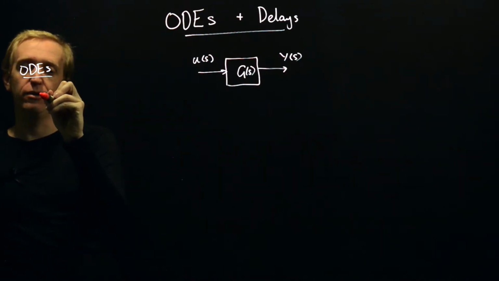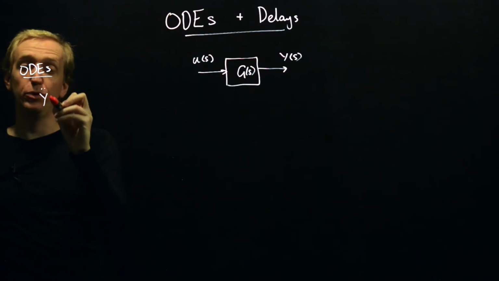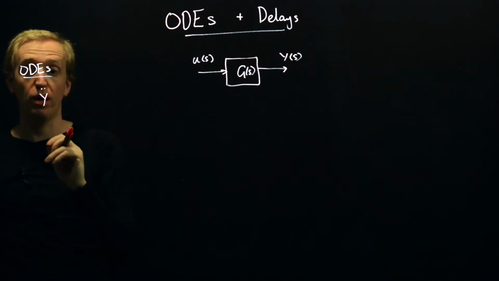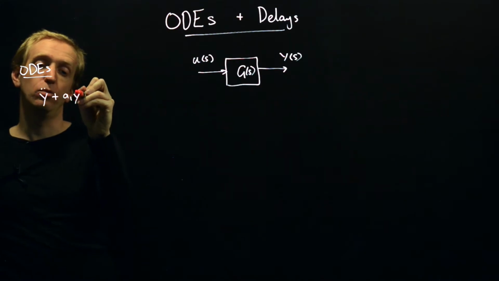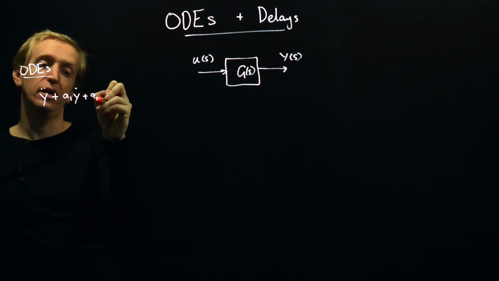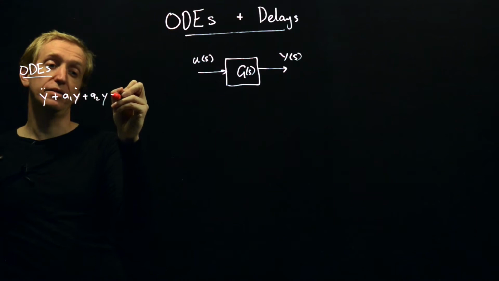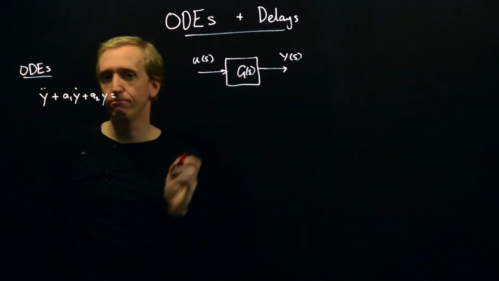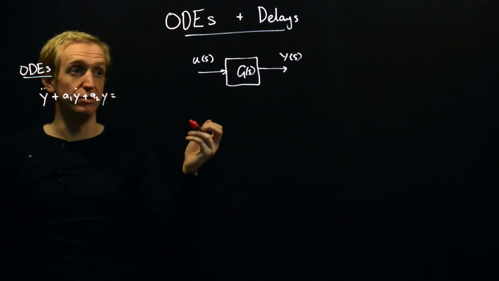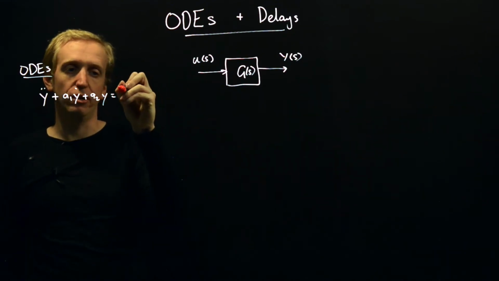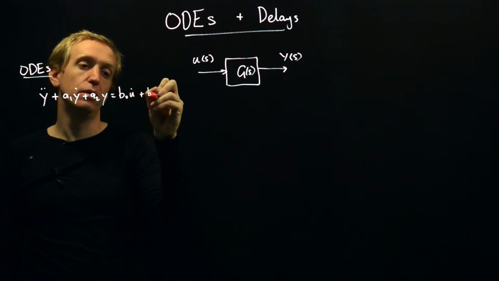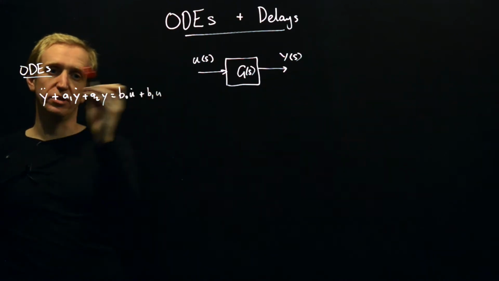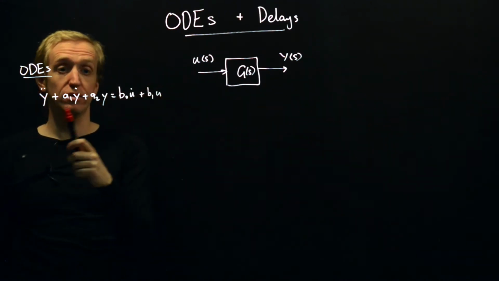We might have y double dot, the second derivative of y with respect to time, plus maybe a1 y dot plus a2 y, and this is equal to some set of derivatives of u. So maybe we have b0 u dot plus b1 u.